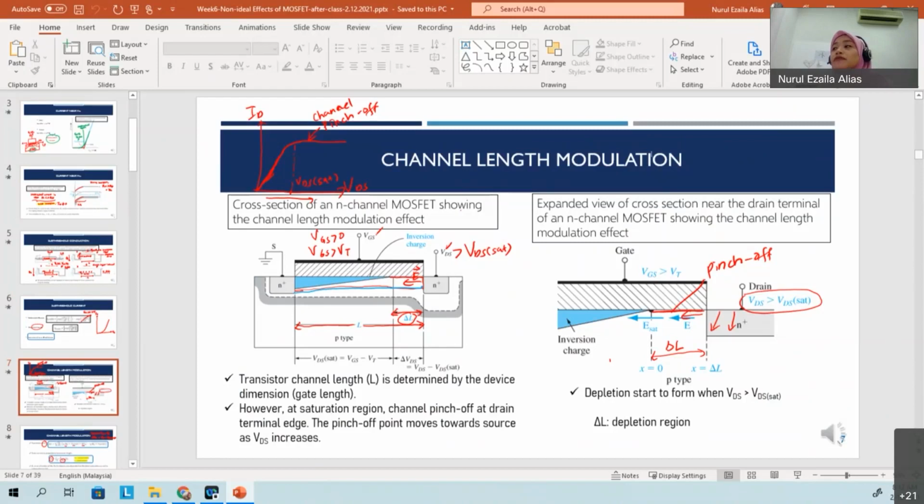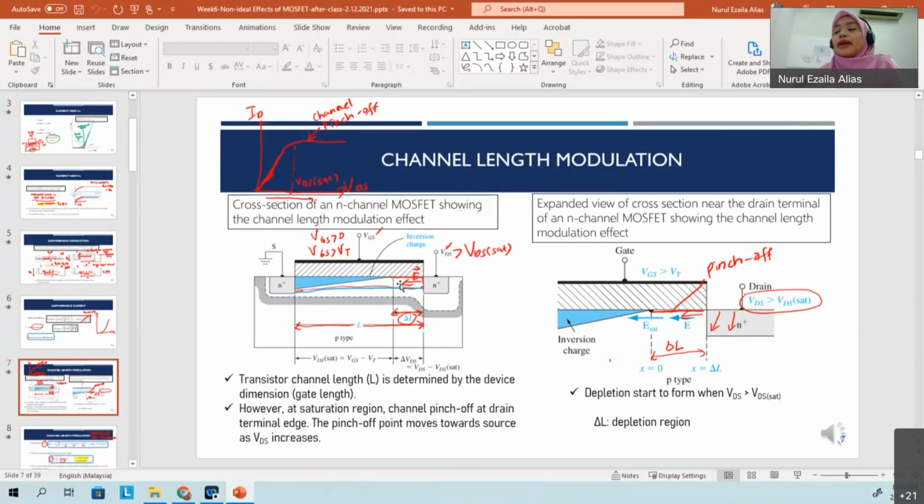For the case of saturation region, you apply VDS greater than the VDS saturation. A transistor has its own specification sheet. It has a threshold voltage value in the specification sheet, and it also has the value for VDS saturation. If you apply VDS greater than the VDS saturation, then pinch off happens. This is from the previous lecture, MOSFET operation.